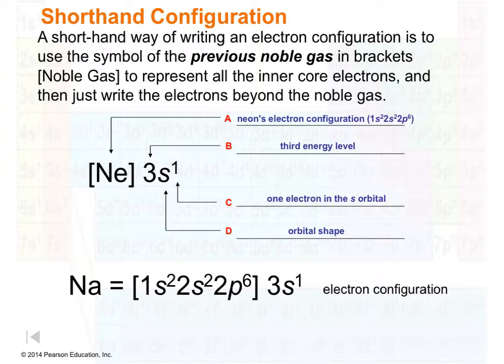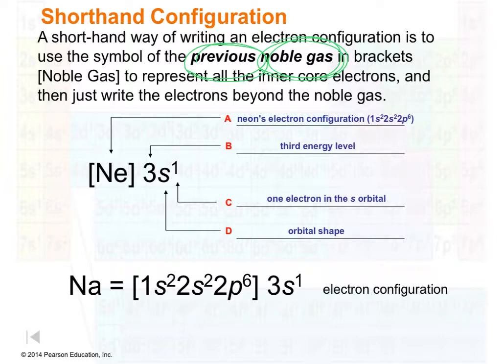All right, so the final thing we're going to mention in this PowerPoint is shorthand electron configuration. Sometimes it's called noble gas electron configuration. Basically, you identify your element in the periodic table, and then you find the noble gas before it on the periodic table.